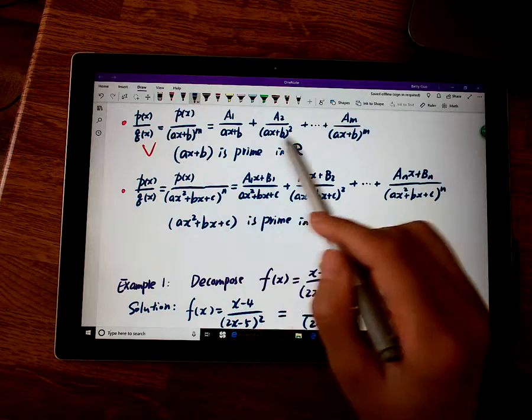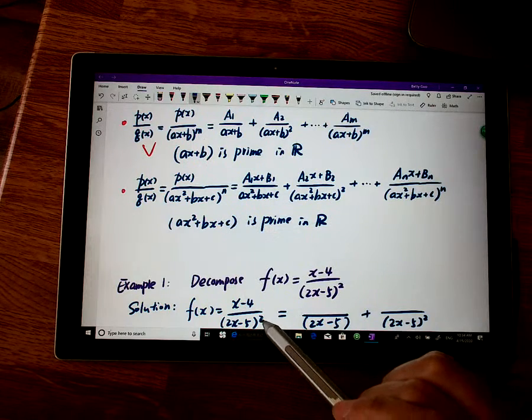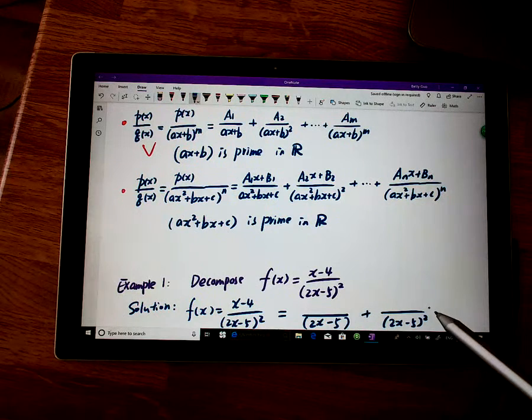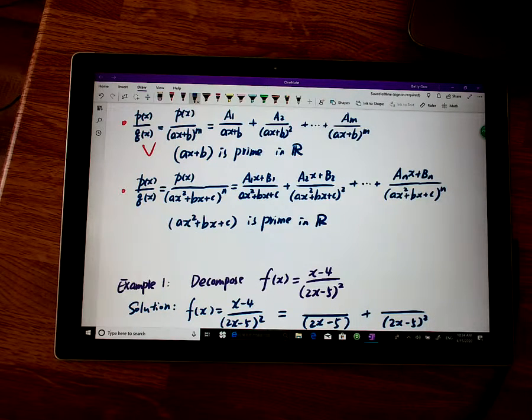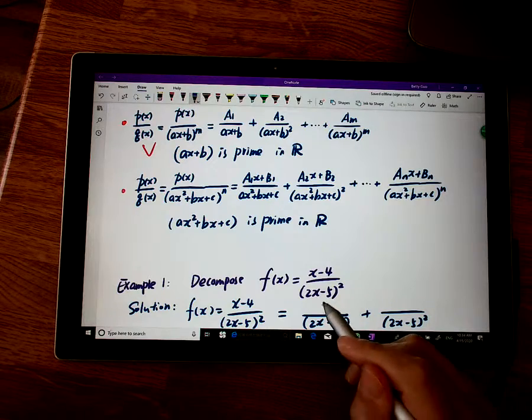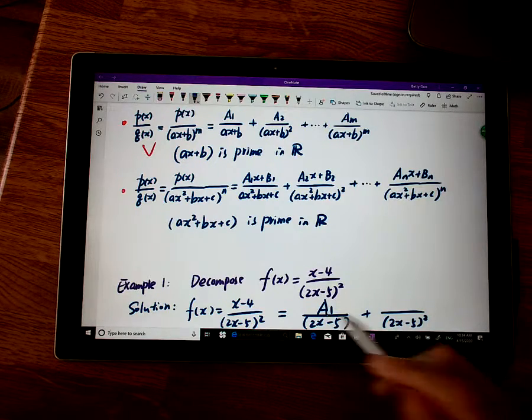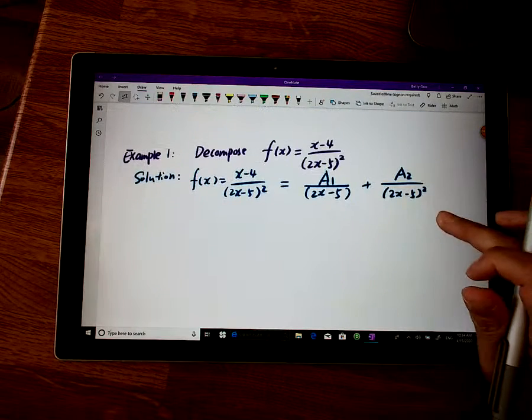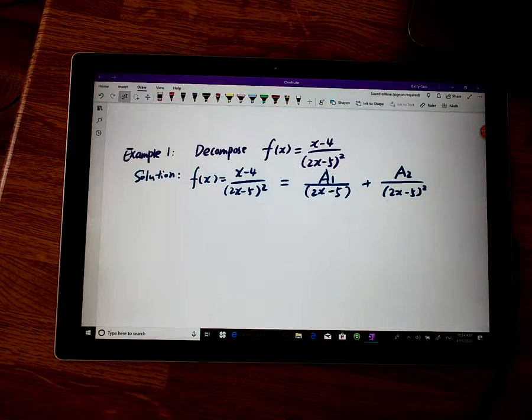Because m is 2 in our case, example 1. So the decomposition is going to have 2 terms. And the numerators a sub 1, a sub 2 are unknown constants. So that's how we apply the formula.